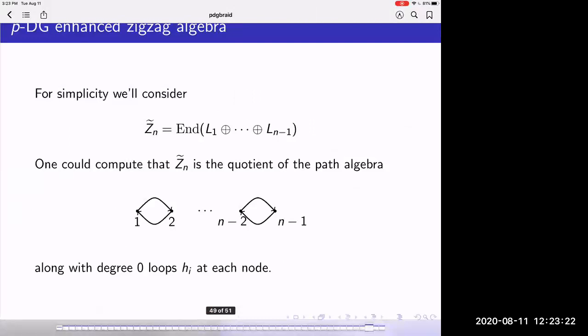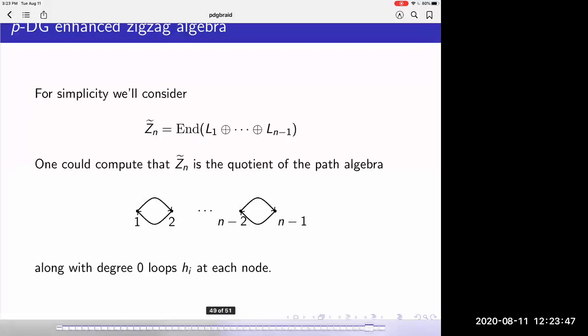If we throw away this complicated node just for simplicity, let me call Zn tilde the endomorphism algebra of L1 plus through Ln minus 1, and one could compute this algebra. Let me also restrict to P equal to 2 for a moment.